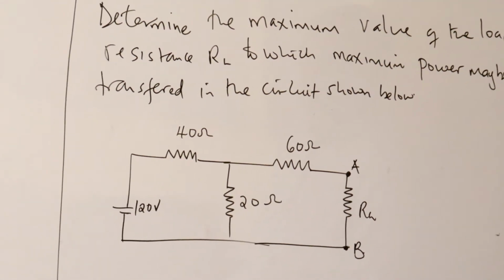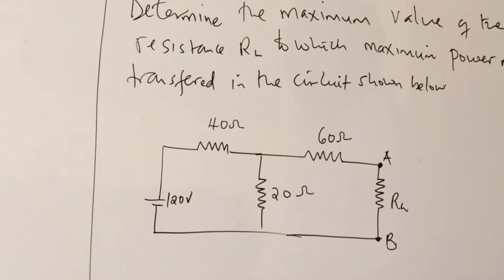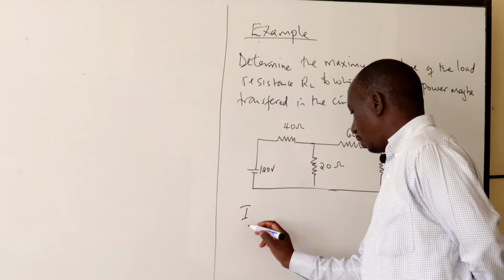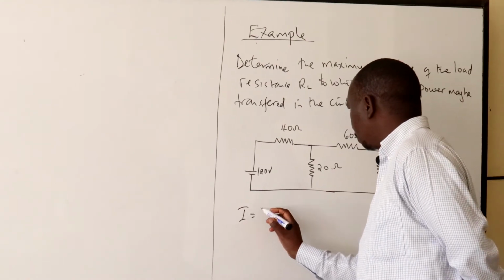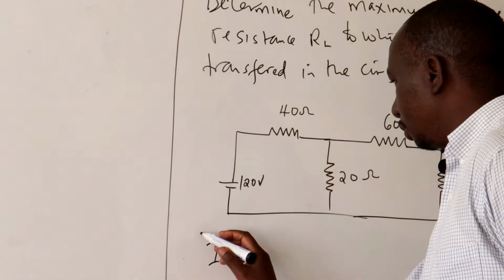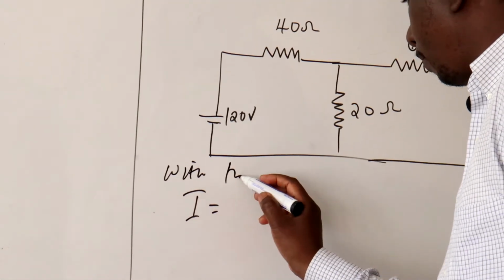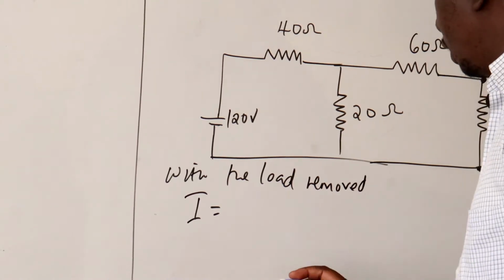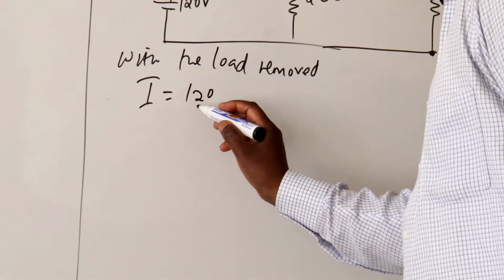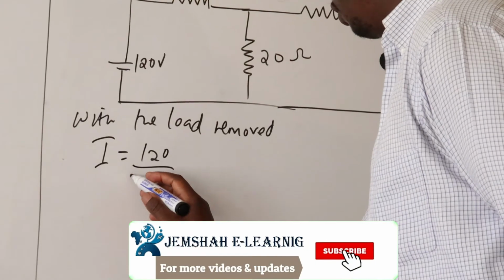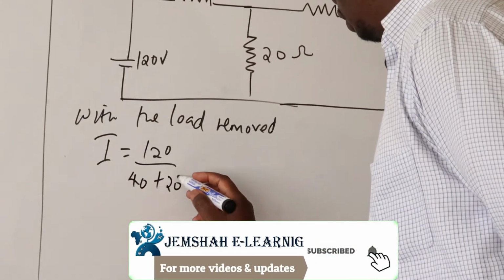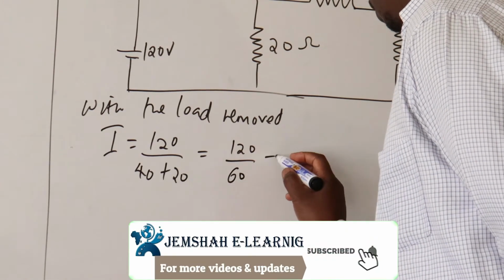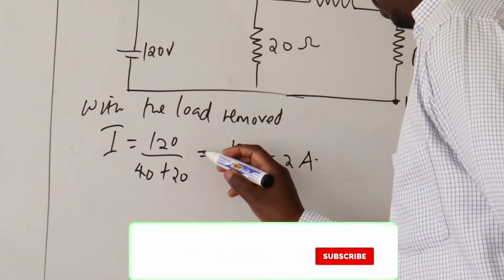So first, with the load removed, I is 120 over 40 plus 20, which becomes 120 over 60, equal to 2 amps.